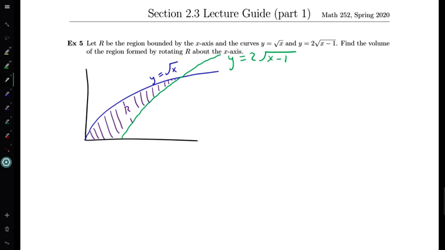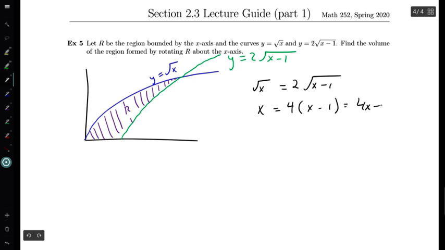So we'll have root x equal to 2 root x minus 1. We can square both sides to give x equals 4 times x minus 1, so that equals 4x minus 4. Subtracting x from both sides and adding 4 to both sides, I get 4 equals 3x, and so x equals 4 over 3.